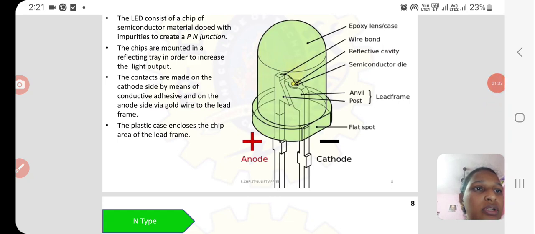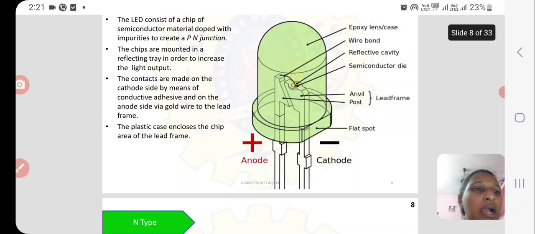The anode consists of a wire bond, and then it is connected to a reflective cavity, because whenever the light is emitted, the reflective cavity will make the light get reflected and scattered so that it is very visible to everyone. You have a semiconductor die near it, and then we have a flat spot in order to identify the cathode and anode.